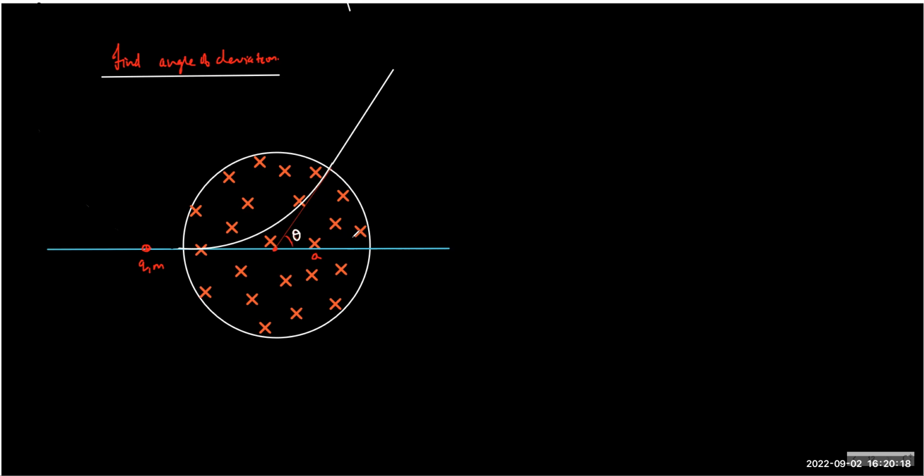Sir, now I'm getting theta equal to 2 tan inverse of qBA by mv. I think that is correct. So the center will be somewhere here, right? Yes, sir.